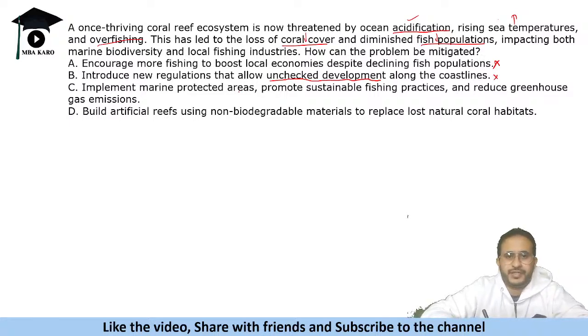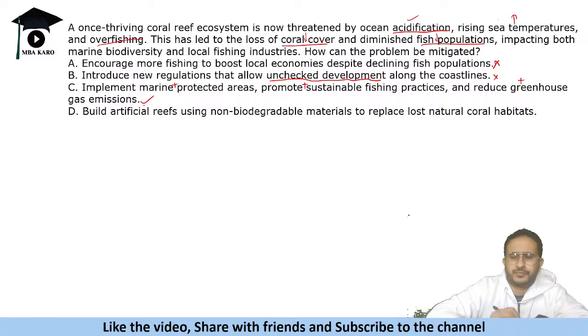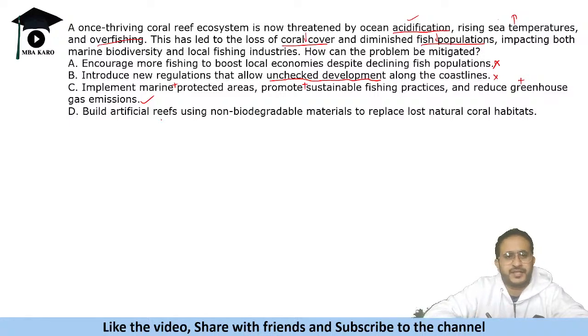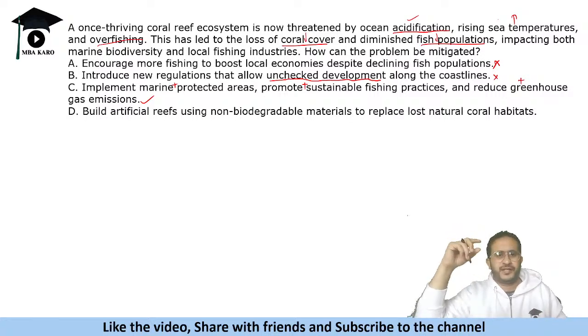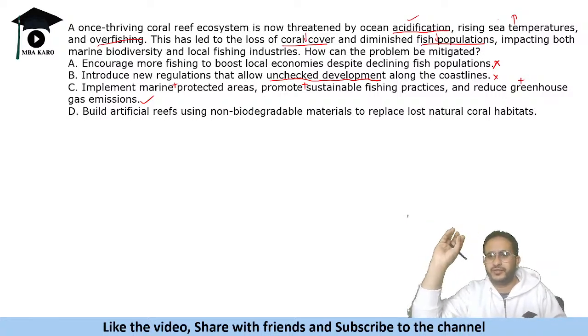Implement marine protected areas, promote sustainable fishing practices, and reduce greenhouse gas emissions. So, positive thing, positive thing, and a positive thing. So, that should be a problem solving step. Regulations are fine, but unchecked development makes it negative. Build artificial reefs using non biodegradable materials to replace lost natural coral habitats. Now, if you are building something artificial, that does not replace the originality.